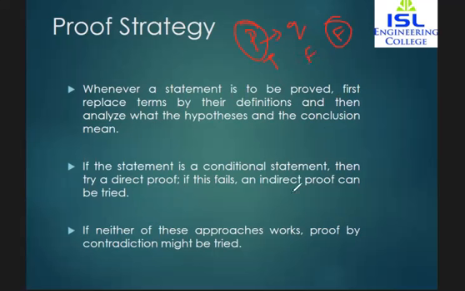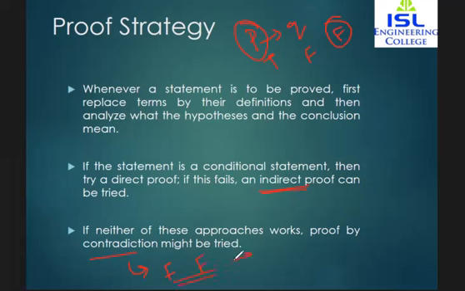And what about if it is not a conditional statement? Then we can have something known as indirect proof. And if both of these, direct proof and indirect proof, do not work, then we can also try proof by contradiction. What do you mean by proof by contradiction? That is, we have to prove that our hypothesis is false and our conclusion is also false.